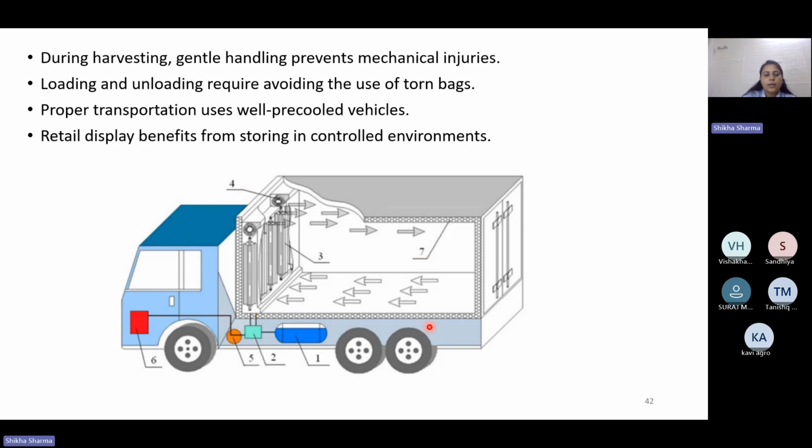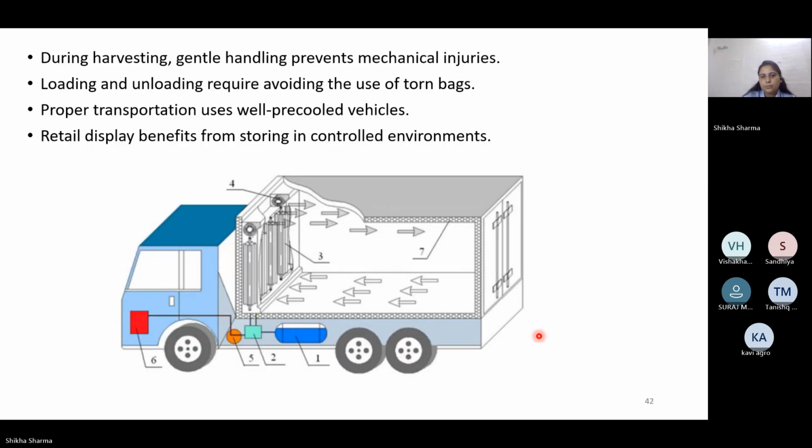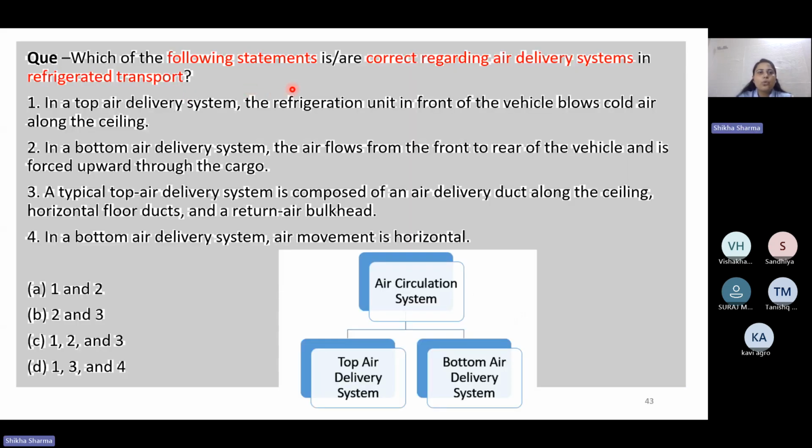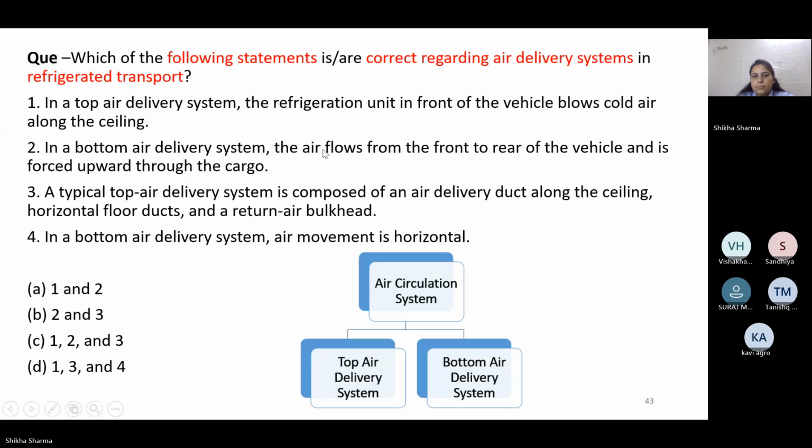So this is our diagram of a refrigerated van. Refrigerated vehicles should be used during transportation. Next question: which of the following statements is correct regarding air delivery systems in refrigerated transports?